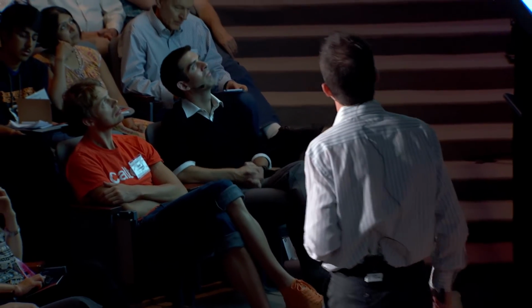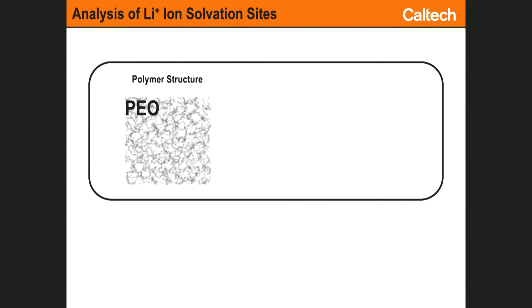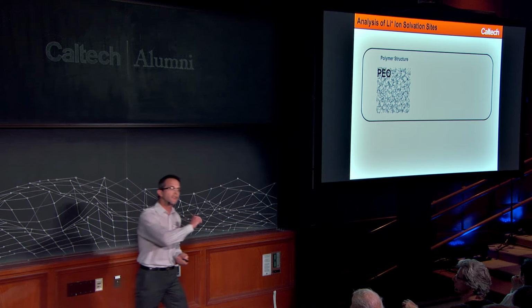So one can get a sense of what that was, and we got a sense by doing the following little exercise. We took a characteristic structure of the polymer. So this is polyethylene oxide, and this is just an instantaneous snapshot of all of the different atoms in the system. And then what we did is we said, let's go through space.